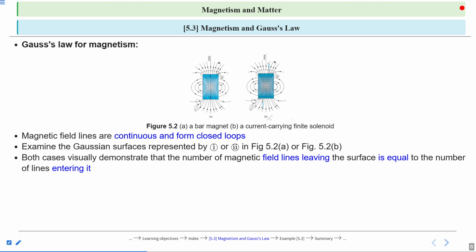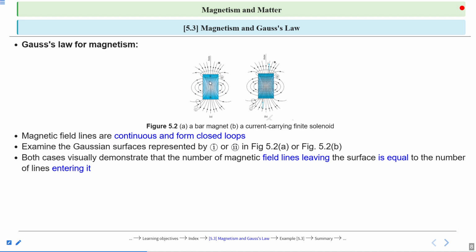We cannot say that this surface is enclosing only a North Pole, because monopoles do not exist. If it is enclosing some part of the magnet or solenoid, it means one part is north and the other part behaves as south, such that magnetic field lines enter from this side and exit from this side. There is inward flux and also outward flux through this surface.